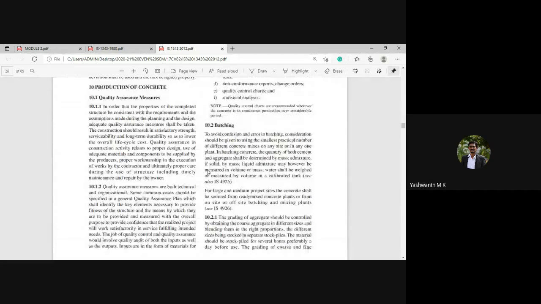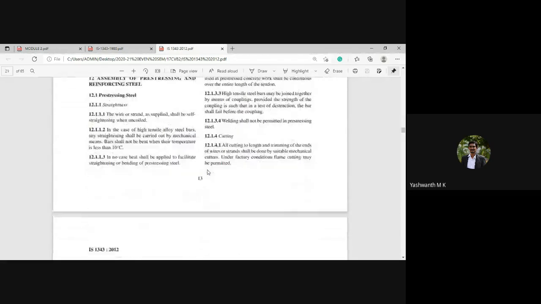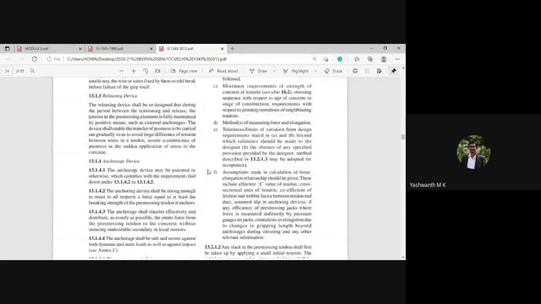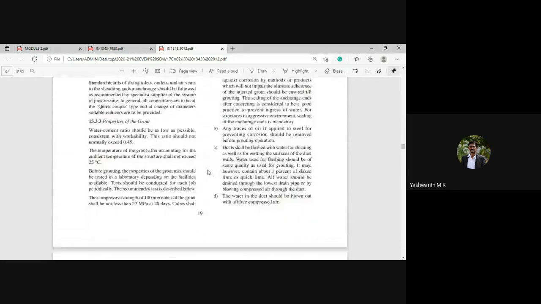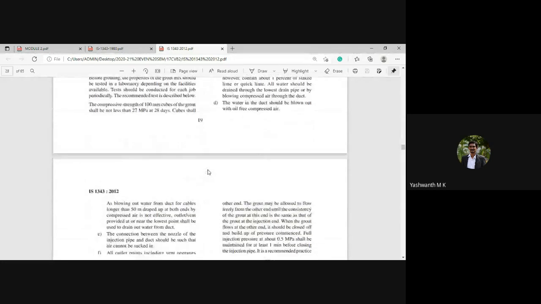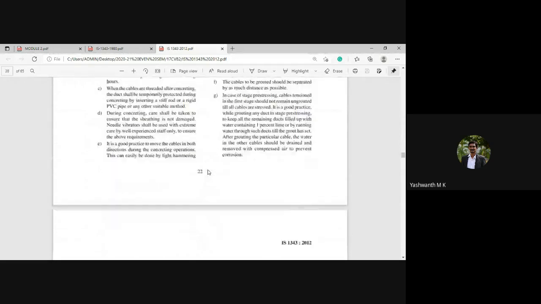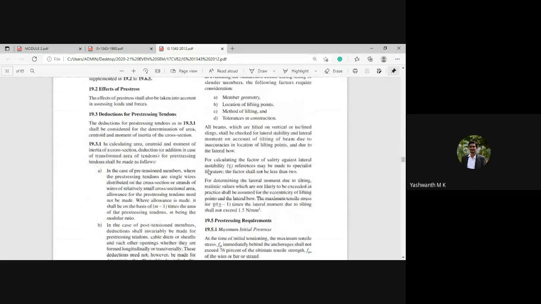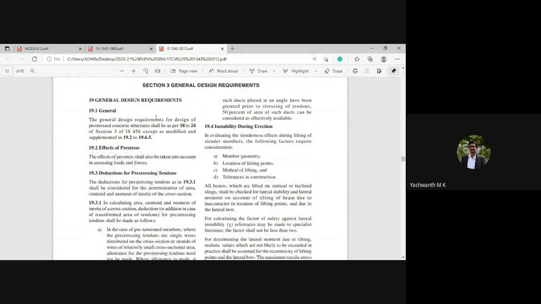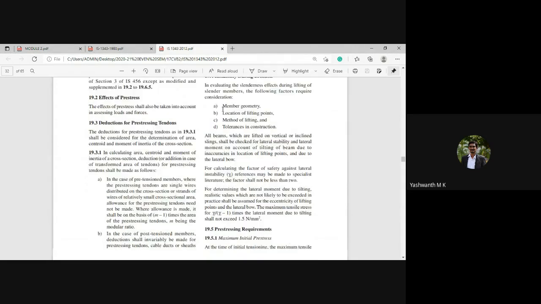So let me go ahead with today's topic, which I was discussing in the last session, that is loss of pre-stress. Now let us go ahead with the loss of pre-stress as per IS 1343, 2012. Coming to section 3, please note down, in section 3, general design requirements, you will come across this loss of pre-stress part.